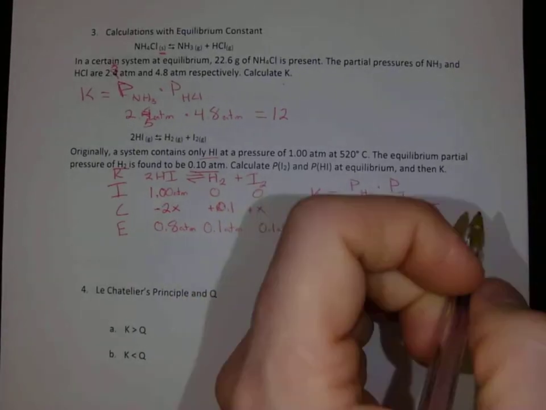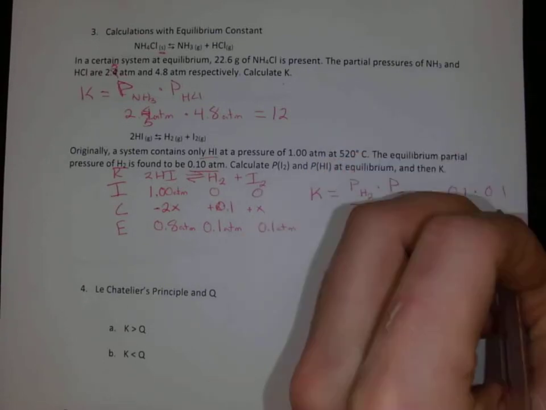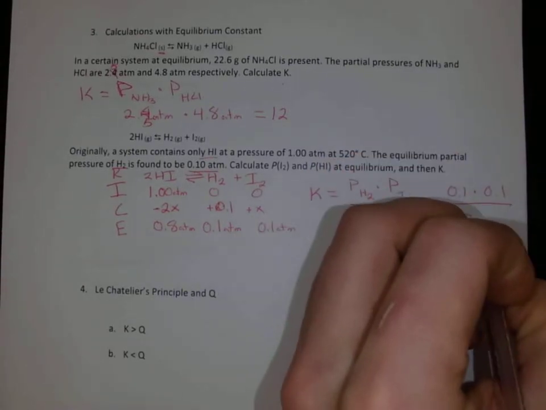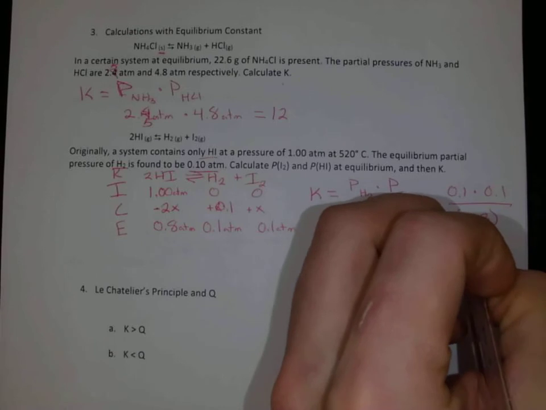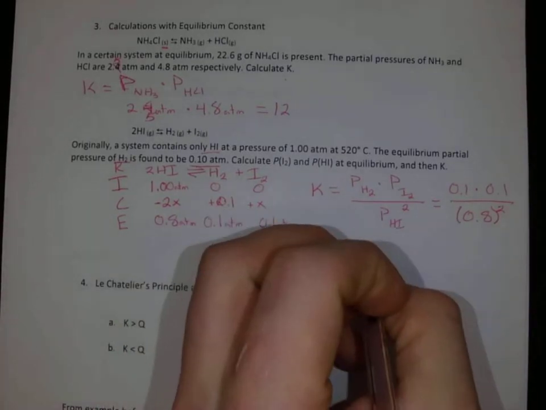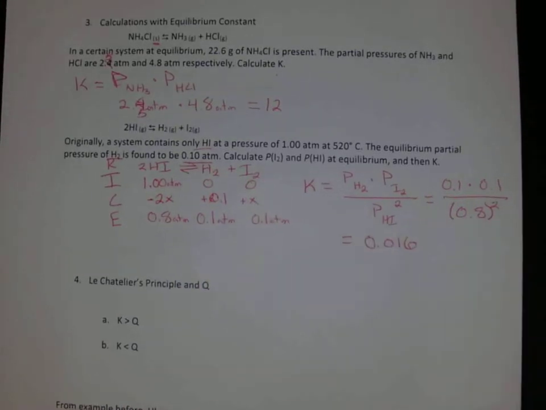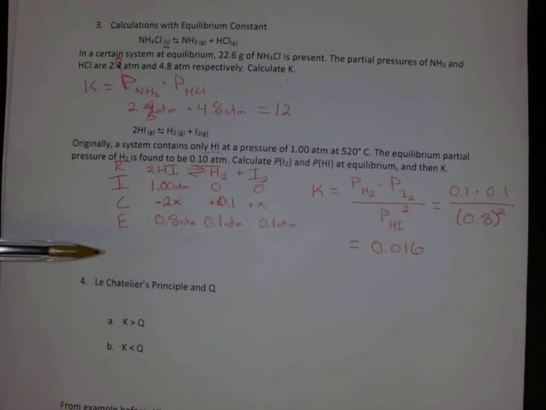So let's plug in our numbers: 0.1 times 0.1 divided by 0.8 squared. If we do that, we should get a K value of 0.016, okay? So these ICE tables or RICE tables are going to become very, very useful for us.